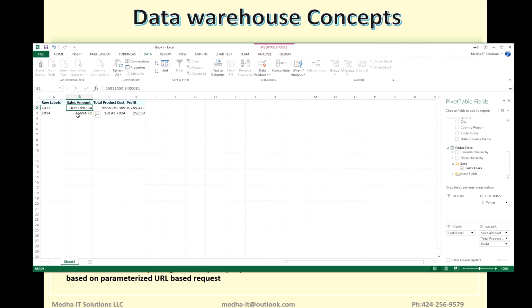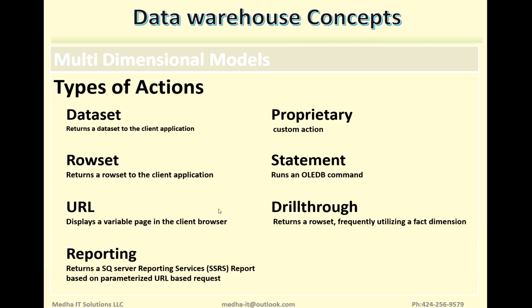Let us say this sales amount, right. 2013, I see the sales amount of this, and if I want to see the analysis, why the sales is like this, what were the factors for this amount, to see that kind of analysis, you may be creating some other web page where you put all the detailed analysis of why the revenue is this much, what were the contributing factors and all that information, and you can provide that link here. So, the user can click on that link to jump to that web page, that is URL.